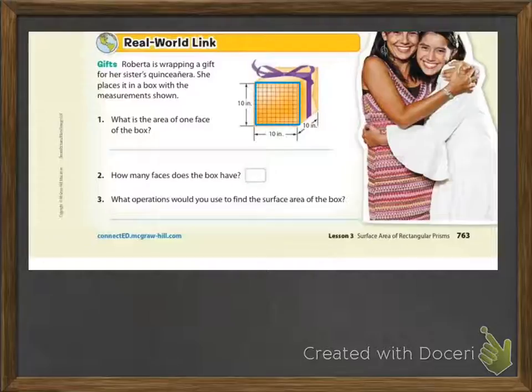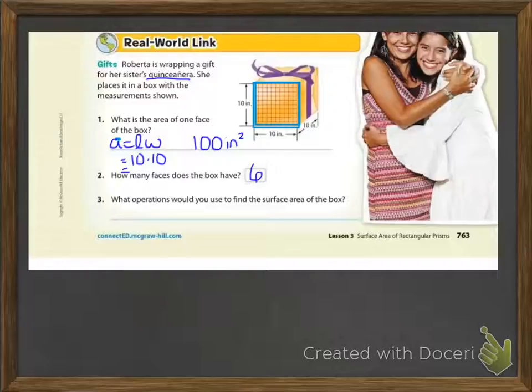So in order to find the area of one face, which means one side of the box, we would be doing area equals length times width, getting 10 times 10 equals 100. So question number 2 asks, how many faces does the box have? Now remember, you've got a front and a back, a top, a bottom, a left side, and a right side. So this box has a total of 6 faces.